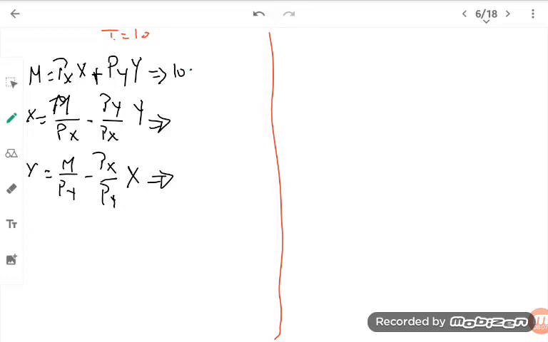10 equals PX, which is 1, X plus PY, which is 1, Y. So this is equation number 1.